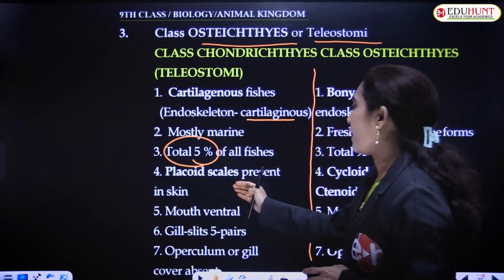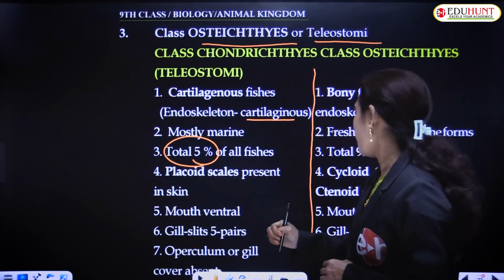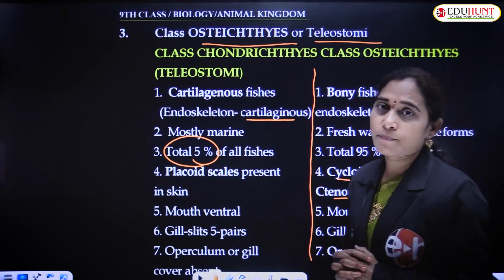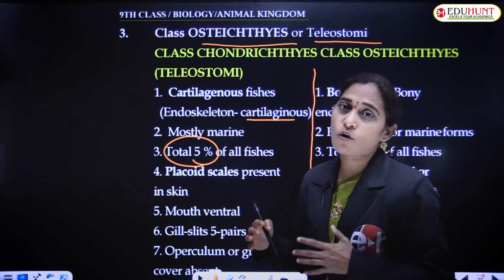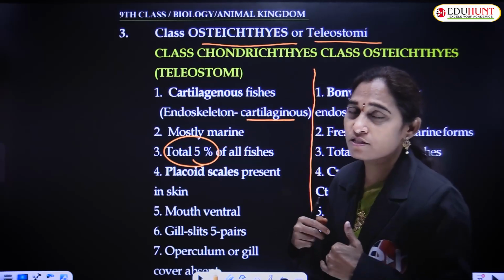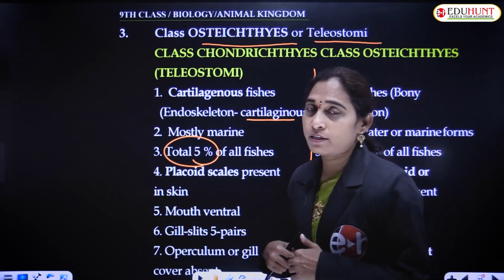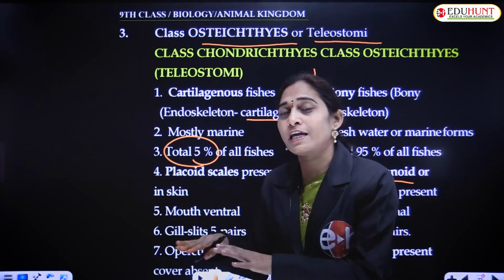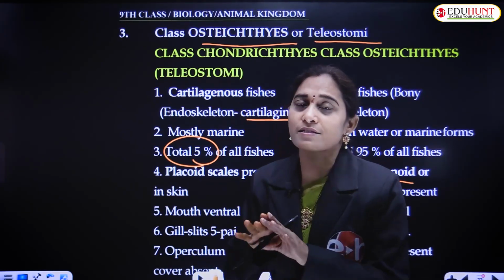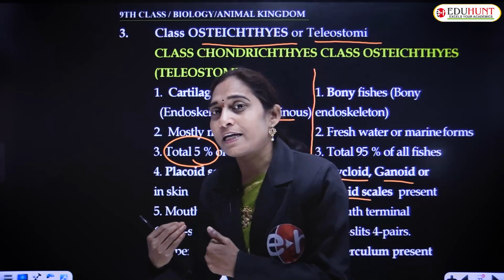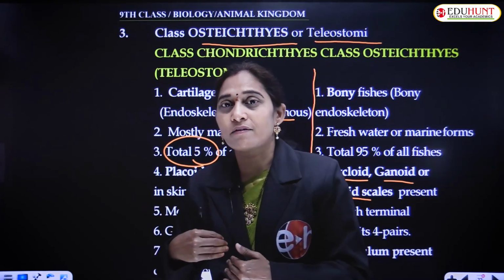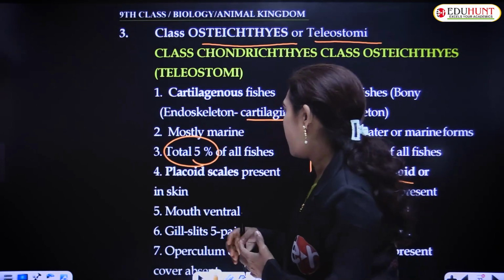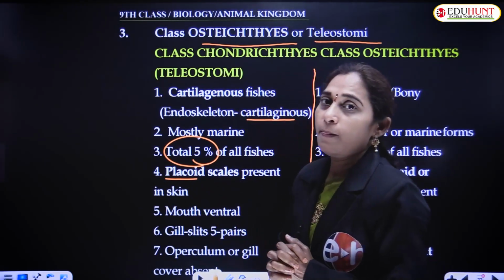Placoid scales are present over the skin in Chondrichthyes, whereas in Osteichthyes cycloid, ganoid or ctenoid scales are present. Because of the presence of placoid scales, these are called placoderms. Derm is skin, so on the skin the exoskeleton is in the form of scales, and the scales are of placoid type.